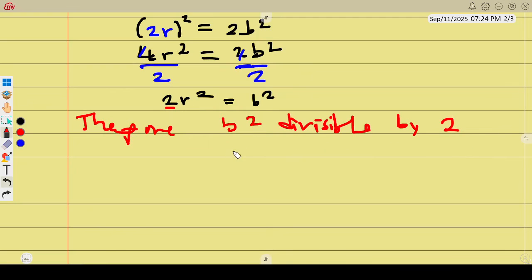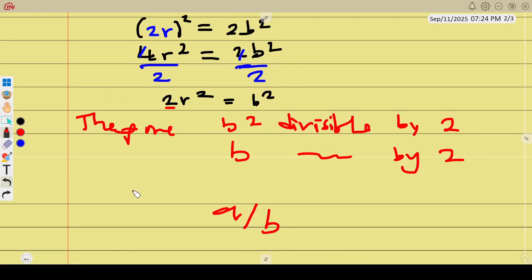So if B squared is divisible by 2, then also B is divisible by 2. So at this point you can see, we said A is divisible by 2, also B is divisible by 2, then this is an irrational number because the fraction A over B was not written in its simplest form.